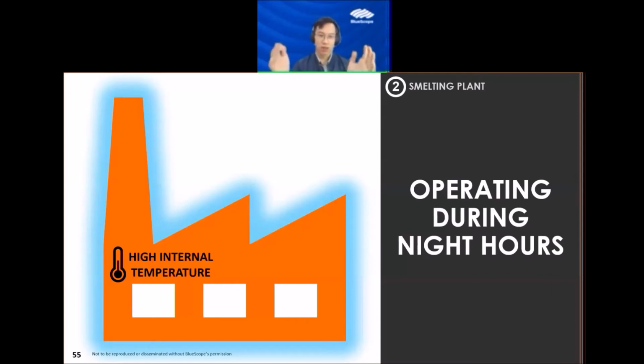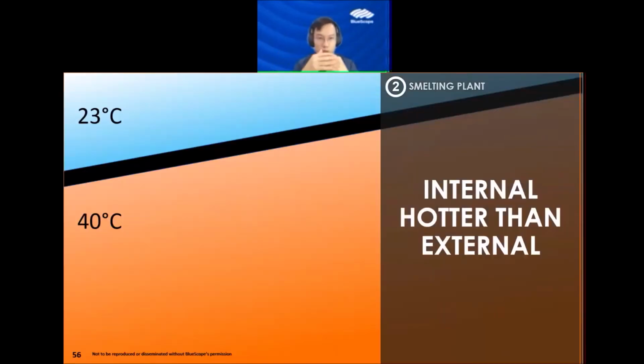Normally, if your factory is operating at night, and we're just talking about nighttime here because that is where dew happens, the factory itself will normally have a higher temperature compared to outside. Outside is cooler, and inside is hotter. If we zoom in closer to the roofing area, let me put an example here.